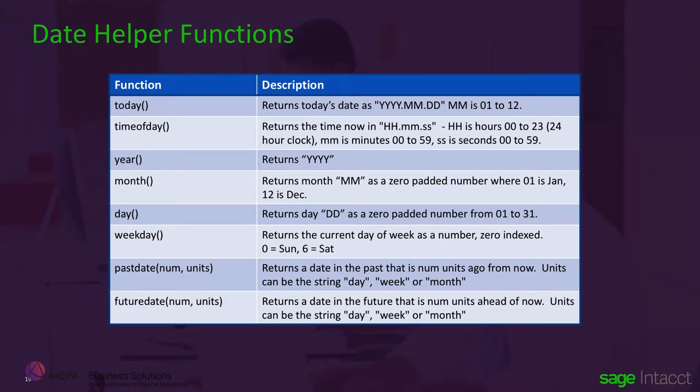Let's say you want to do a comparison on any transactions that you're entering to say that the date you're entering for the GL date is within the current month and current year. Or let's say it's within 30 days of today, or something of that nature. You would be able to go in and do those comparisons using these date helper functions.